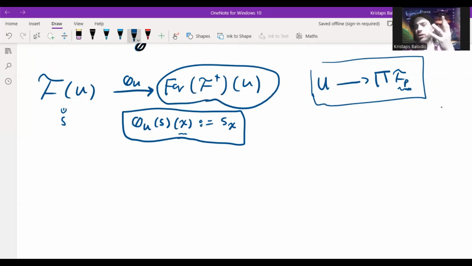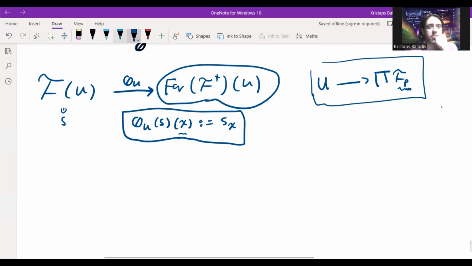And again, for sheaves of abelian groups or vector spaces, whatever, you'll want to check that this actually defines a map for those algebraic objects, okay? Great. So now we have some way of comparing these.